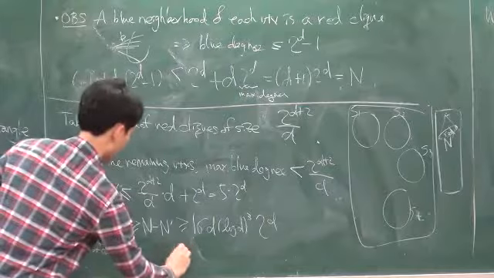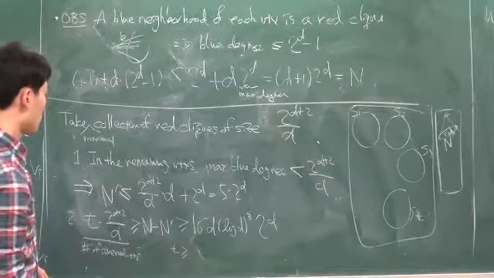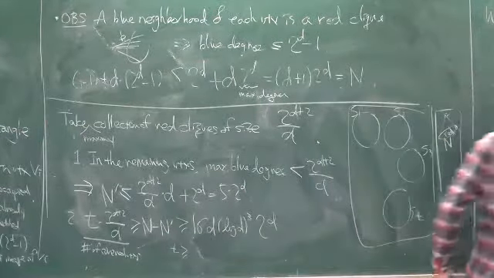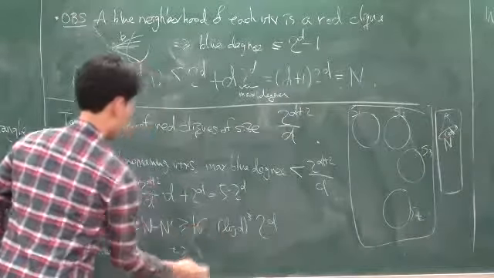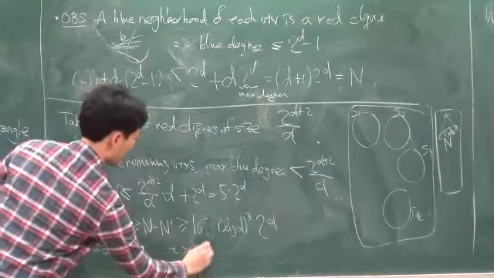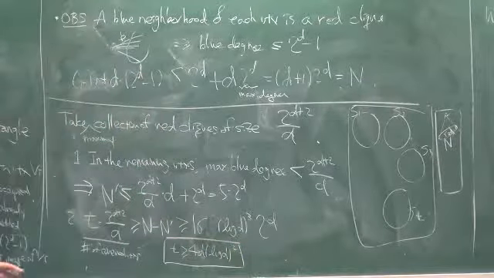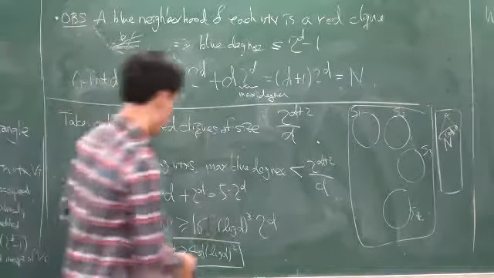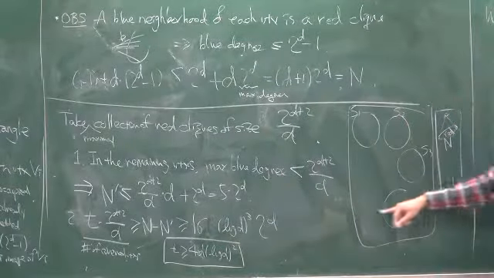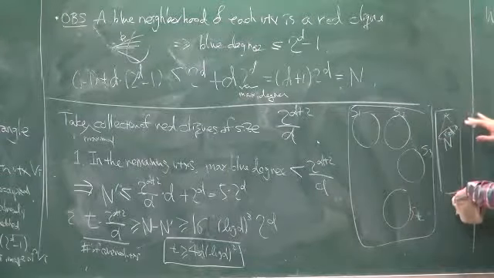That means t is at least, oh, sorry, there's no log d here. So t is at least 4 times d log d squared. Don't pay too much attention to what these numbers actually mean. It's more about how many vertices these red cliques cover. It covers most of the graph and only a small proportion is left out.